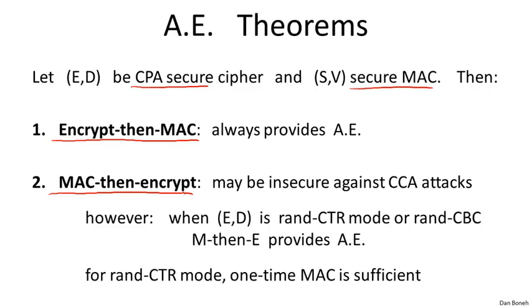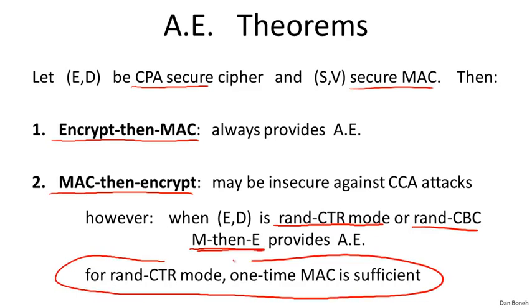However, the story is a little bit more interesting than that, in that if you're using randomized counter mode or randomized CBC, then for those particular CPA secure encryption schemes, MAC then encrypt actually does provide authenticated encryption and therefore it is secure. In fact, there's an even more interesting twist here: if you're using randomized counter mode, then it's enough that your MAC algorithm just be one-time secure.